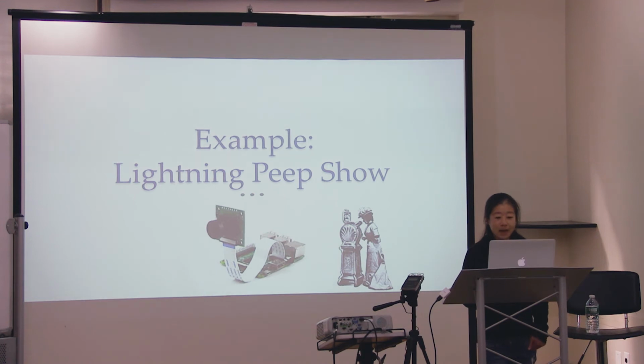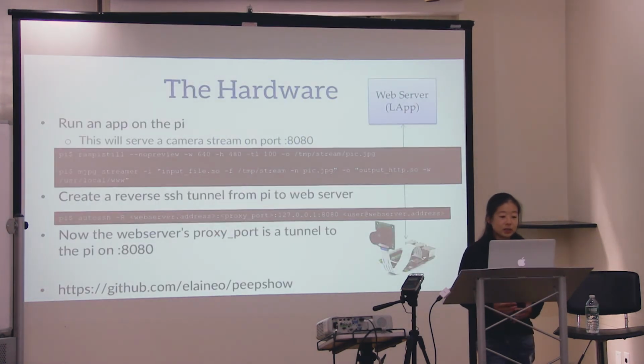It's like those old-fashioned Nickelodeon things where you put a nickel in and then you watch a short clip. The hardware is a Raspberry Pi. The app we're using for streaming video is called Raspistill, and then we run MJPEG Streamer. These are all fairly standard apps that you can download on the Pi.